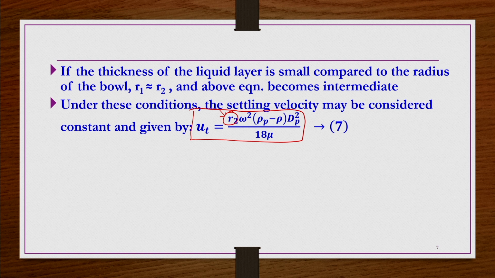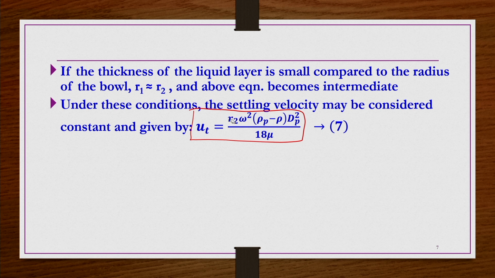Now, in this second case, R1 is approximately R2, so there is no point in taking a position in between these two, because they are close to each other. So directly we can take R2.